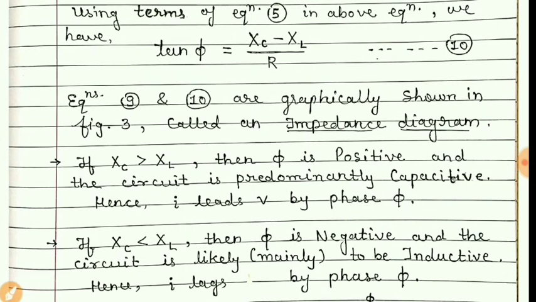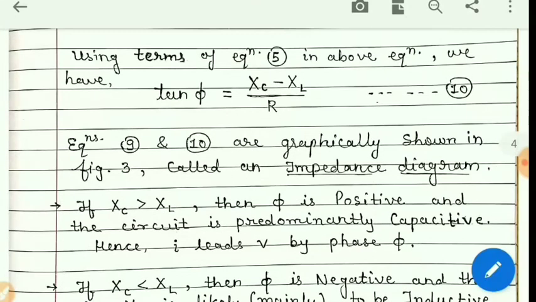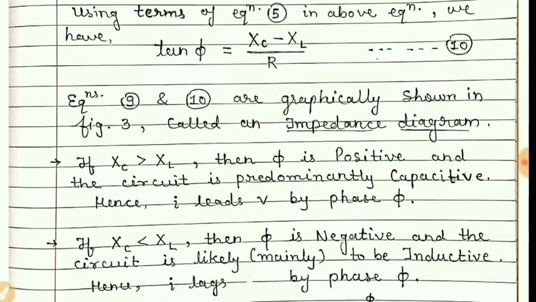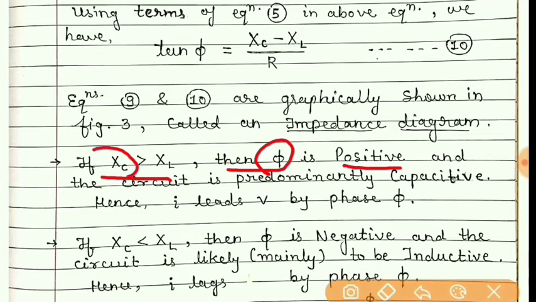Now finally students, if XC is greater than XL, then angle phi will be positive, and in that type of circuit the circuit will be mostly capacitive.